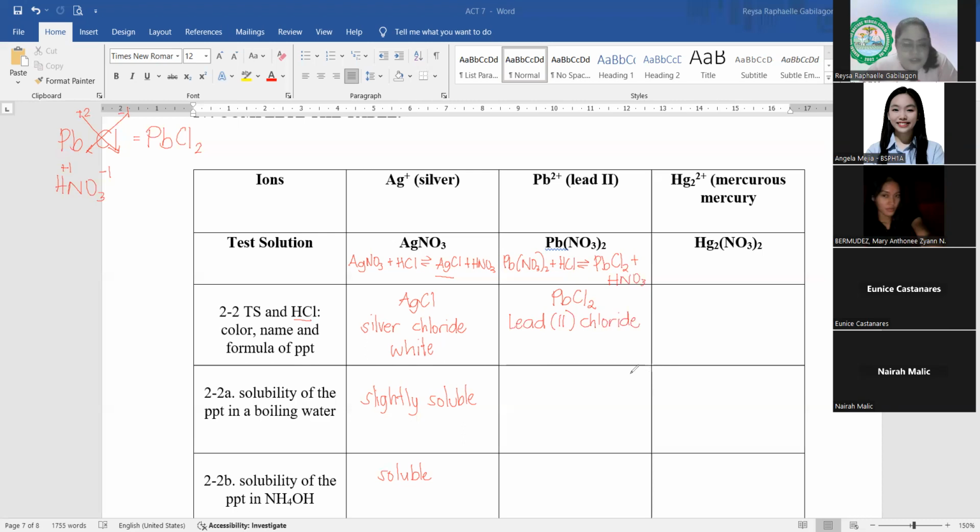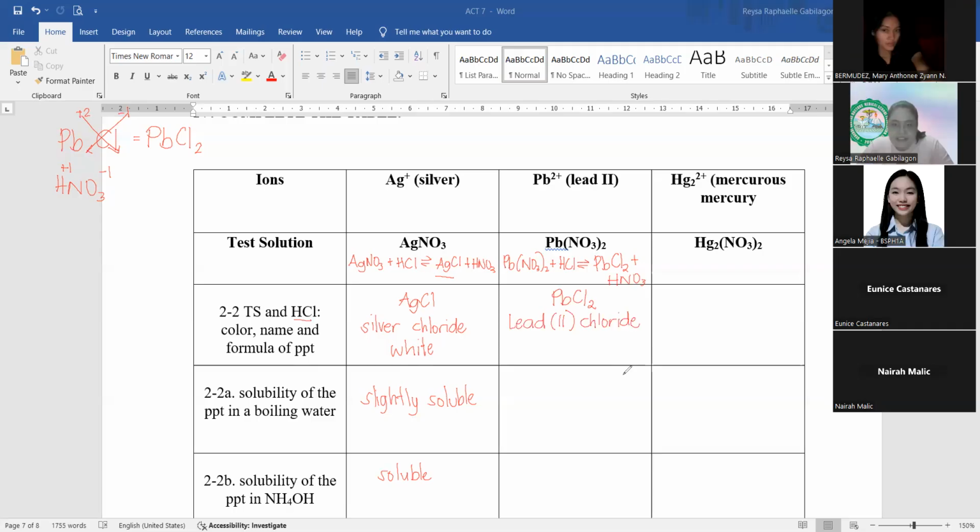Ang color nito? Ng lead chloride. Based on your experiment, anong color ng precipitate na nabuo doon? Ay, hindi siya balance.